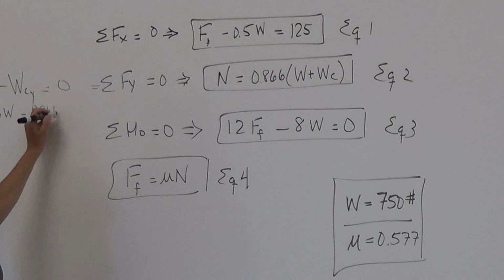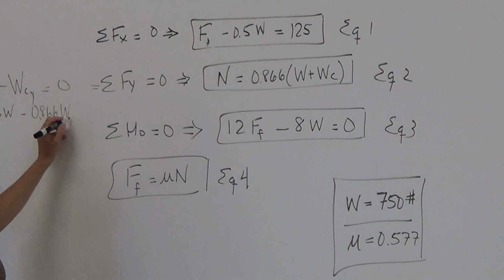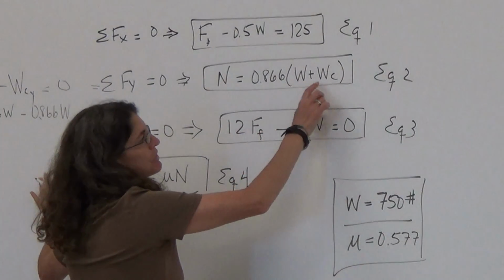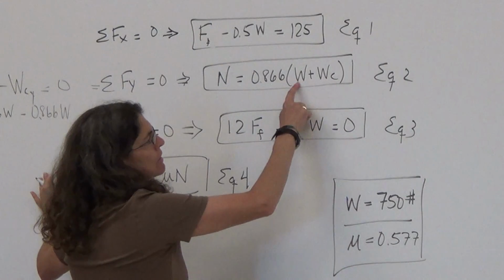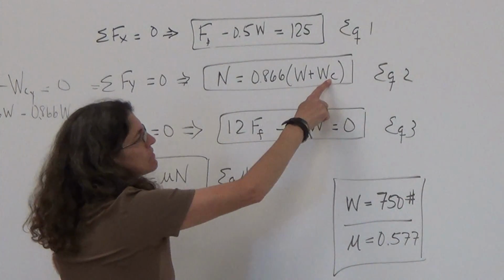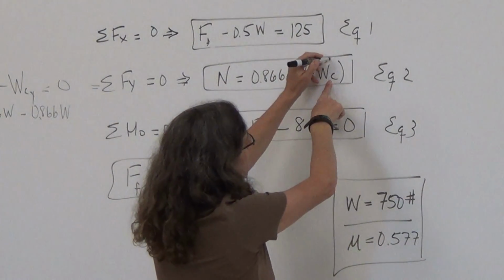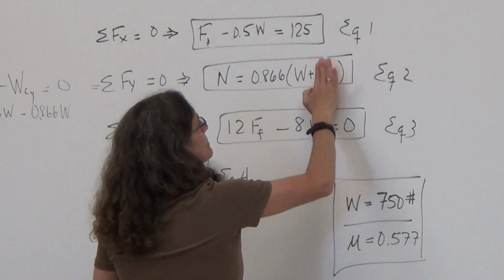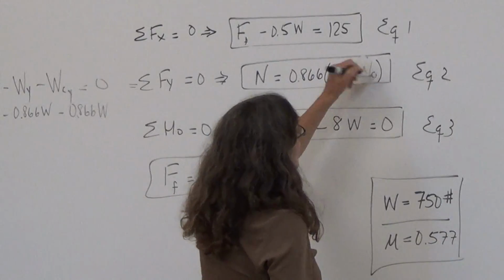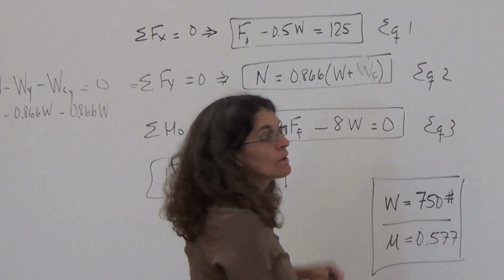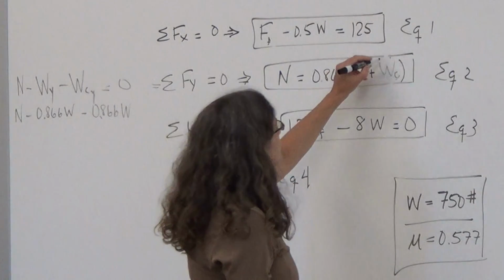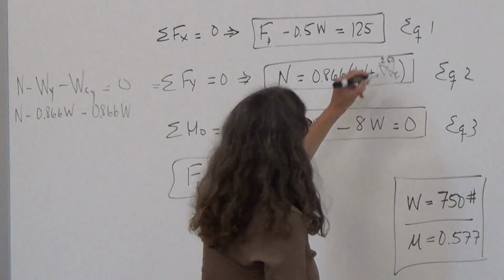Negative 216.5. Oh, because we plugged in, which one do we know? WC. We know WC, so this would be 250. This is 250, right? Yeah.